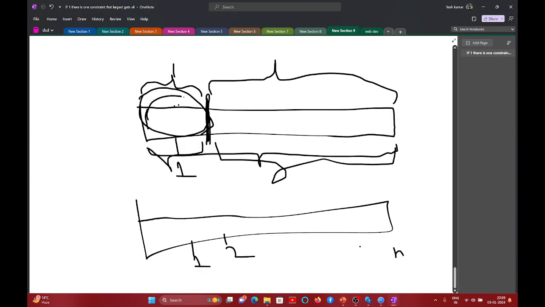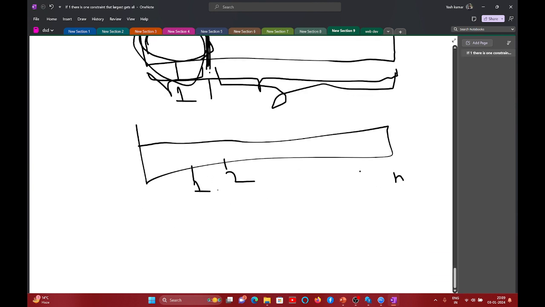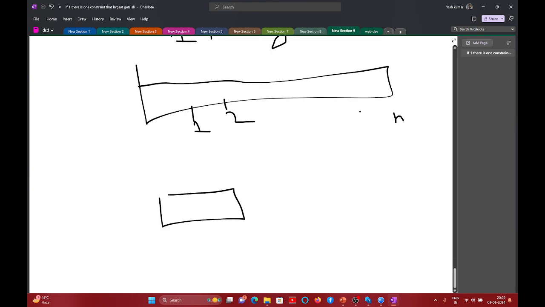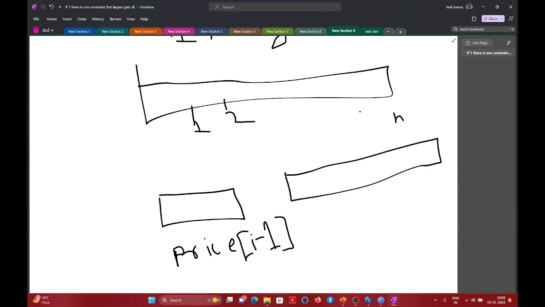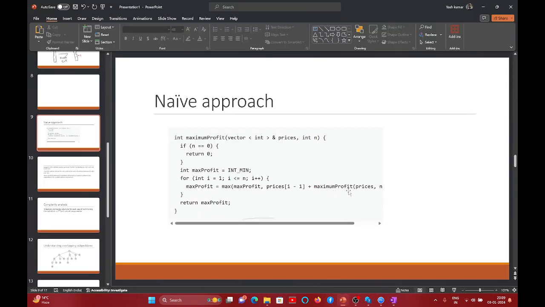This is price i minus 1, because we are using a zero-indexed array. Sorry for my bad handwriting. I'm just showing you. And this part in the code is maximum profit of prices and n minus i.